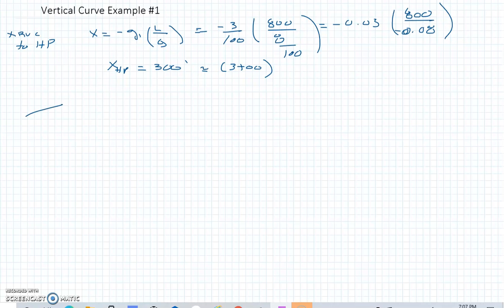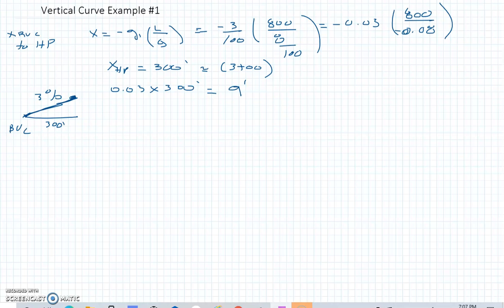Now I need to find the elevation on this slope. This is the beginning of the vertical curve. This is 300 feet, and this is 3%. So I multiply 0.03 times 300 feet, and that gives me 9 feet. So 9 feet is this over here.